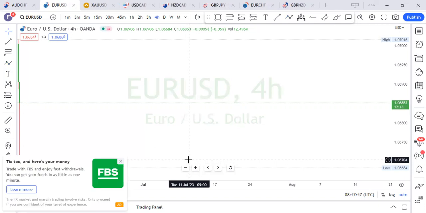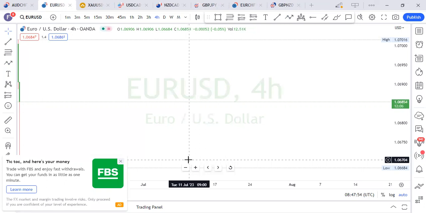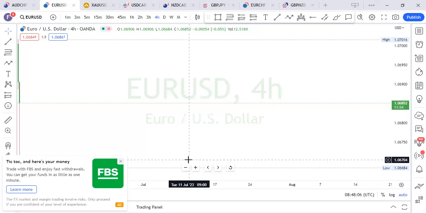Wait for the new structure, lower high, to confirm the trend change.